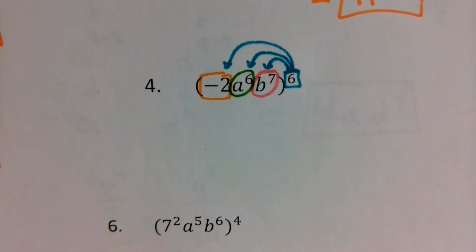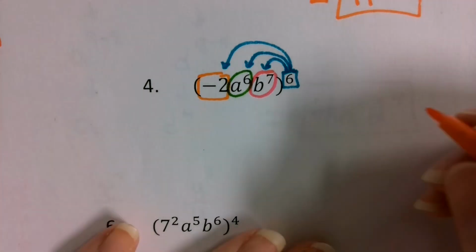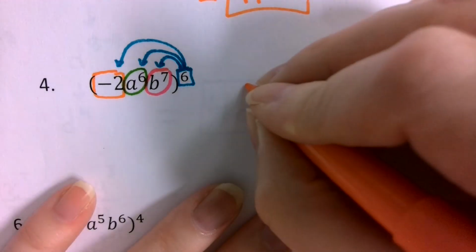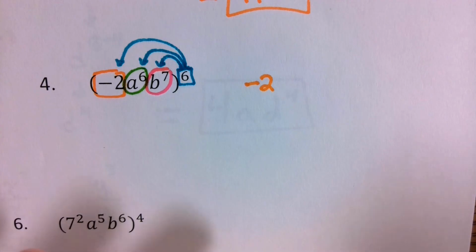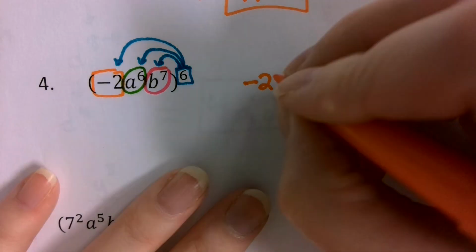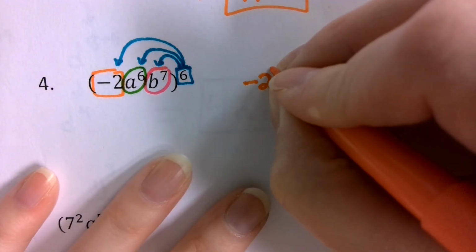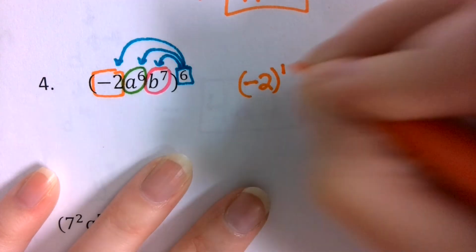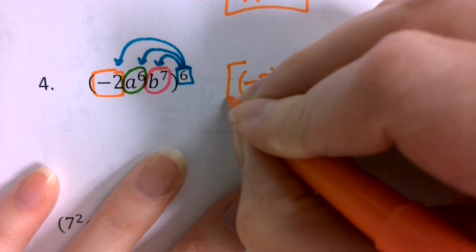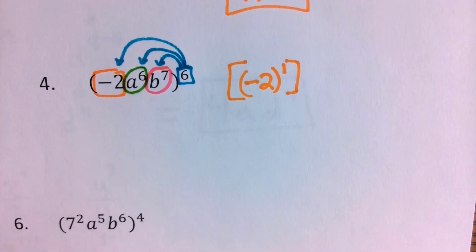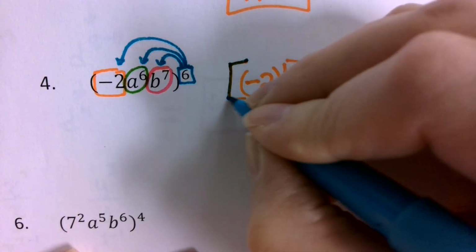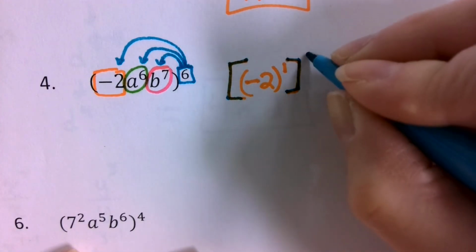So let's start with the numbers first. We've got -2, which currently is being raised to the first power. And what we want to do is go ahead and raise it, and here we'll put the blue brackets around it, to the 6th power.